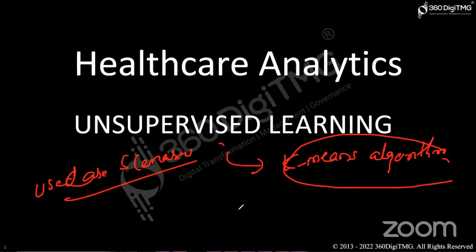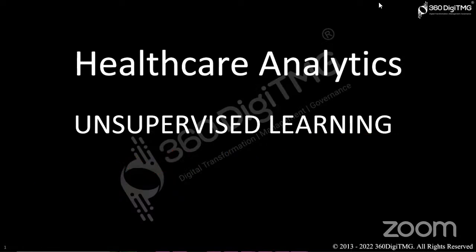How are we going to decide based on the features? Before going to the use case, first we'll learn what unsupervised learning is, what the k-means algorithm is, and how exactly clusters are formed in the k-means algorithm.